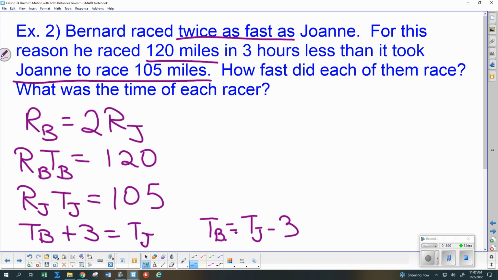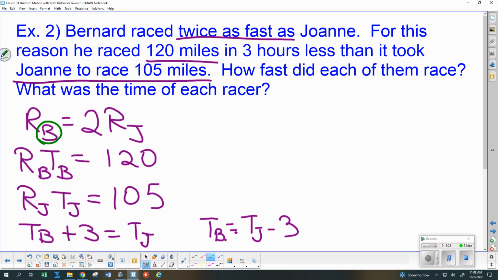All right, now we want to figure out both rates and both times. So we have RB equals 2RJ, or RJ equals half RB.